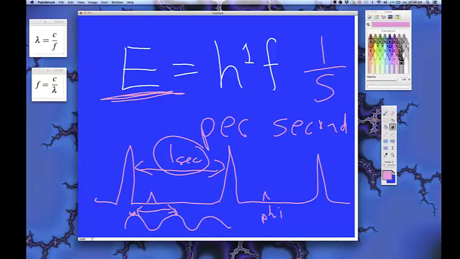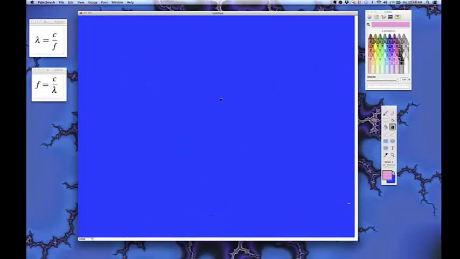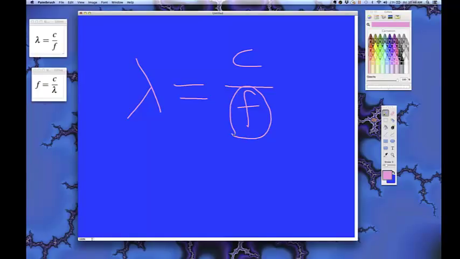So this equation, lambda equals c over f, is a transformation from man's period, or woman's, that's my inside joke, to nature's period, which is the wavelength.